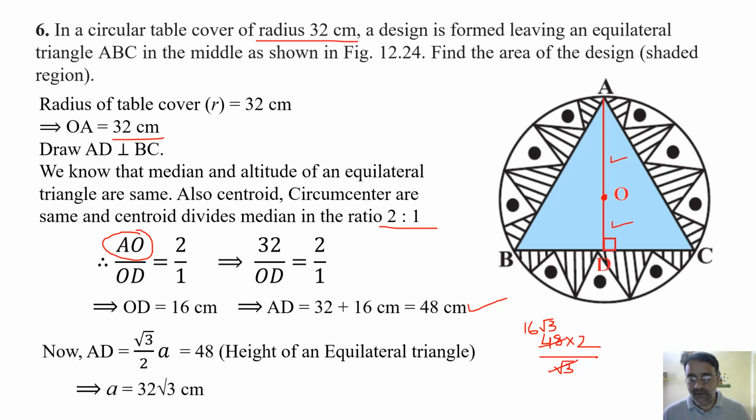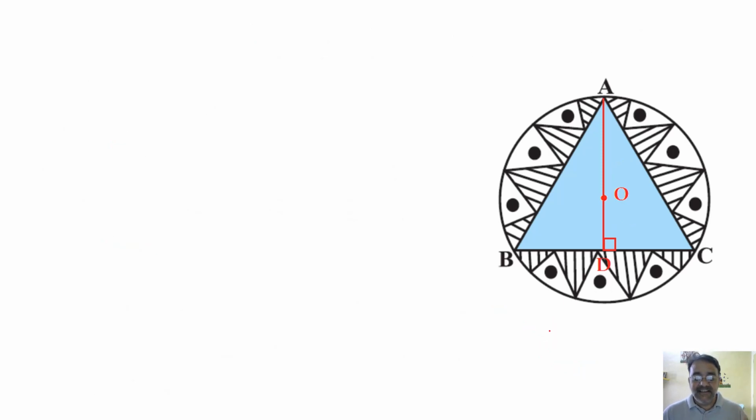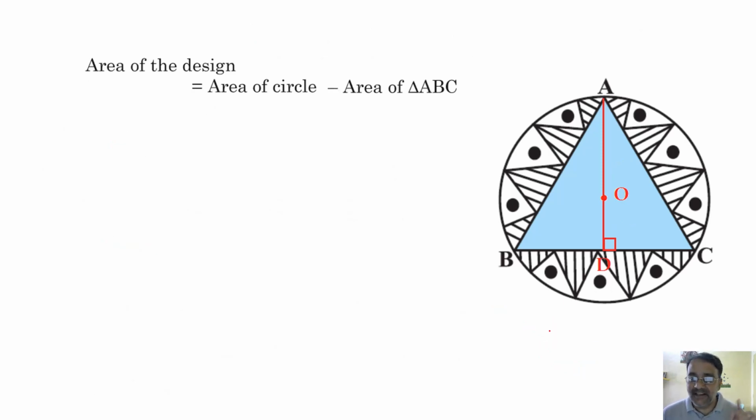Now we'll write the formula. Area of design is equal to area of circle minus area of equilateral triangle. What is the area of equilateral triangle formula? Root 3 by 4 a square, right? So we'll substitute all the values.